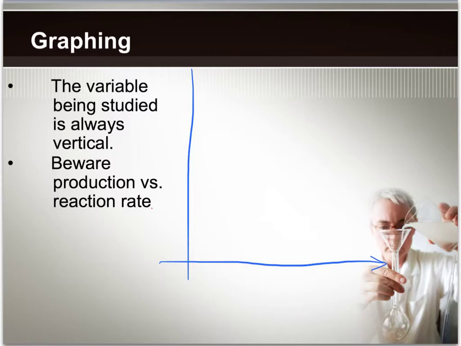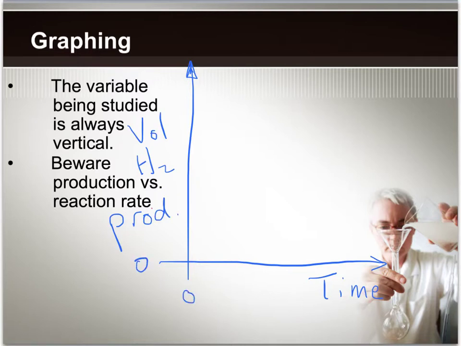The horizontal one would still be time, and our vertical axis, rather than being the amount of hydrogen being produced per minute, would simply be the volume of hydrogen produced. Both of these would start at 0.